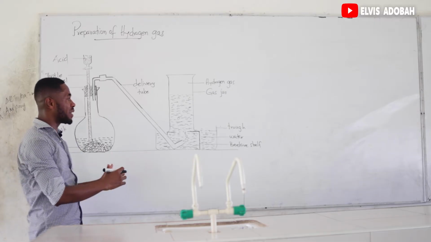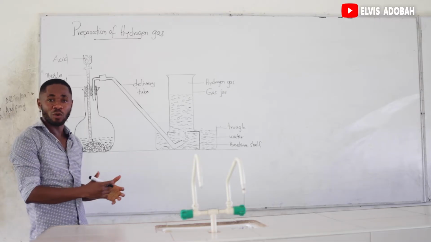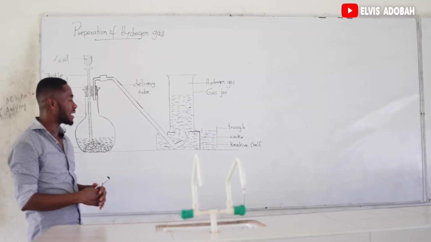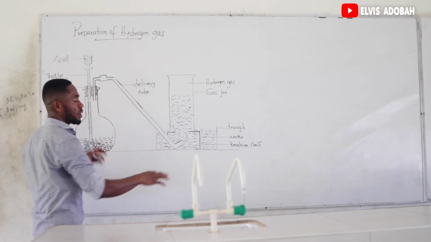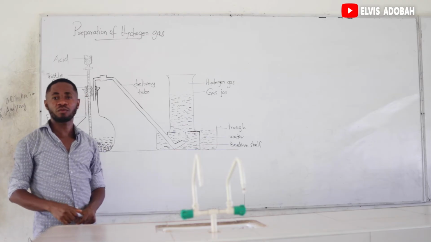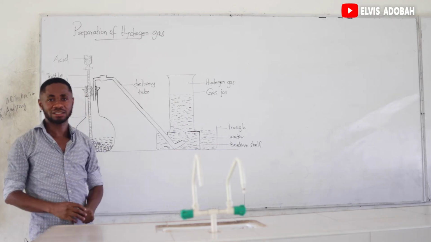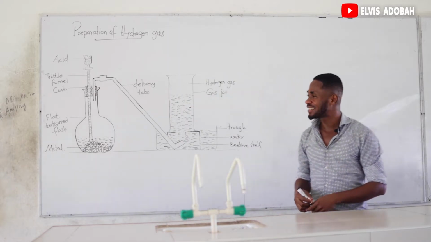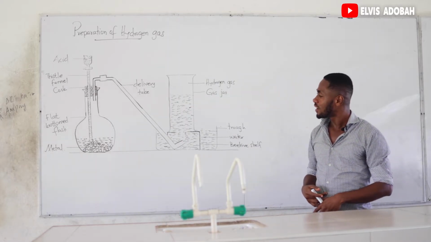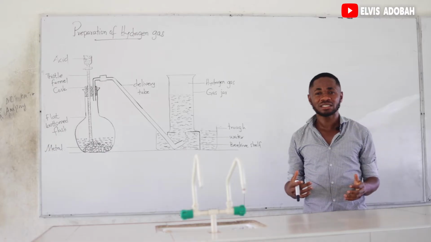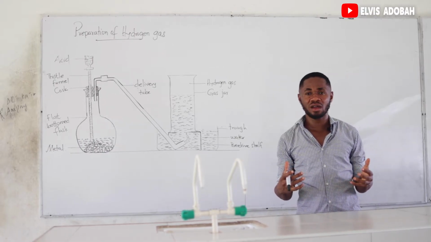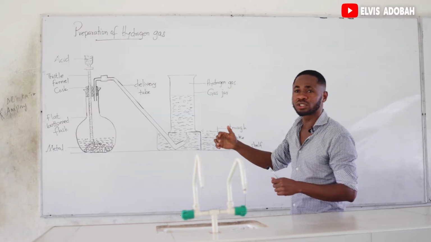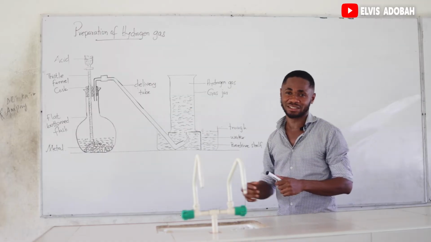Well, that was just by the way. You want to delve a bit deeper and look at follow-up questions they can ask concerning this setup for the preparation of hydrogen gas. Now, the first question they could ask you is, what substances can be reacted together to produce hydrogen gas?